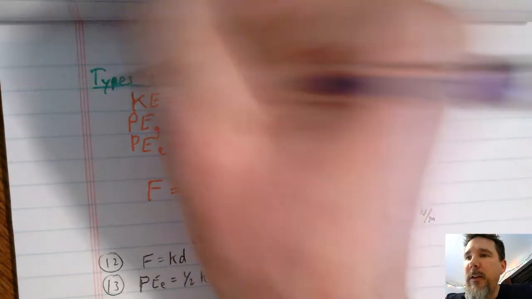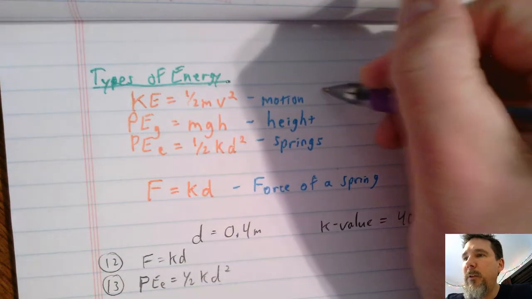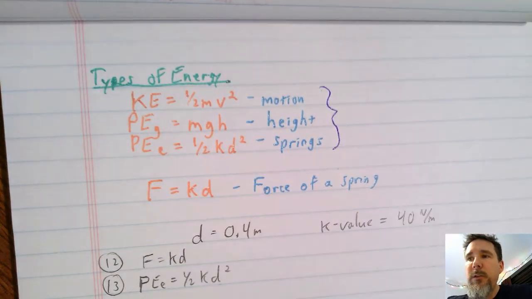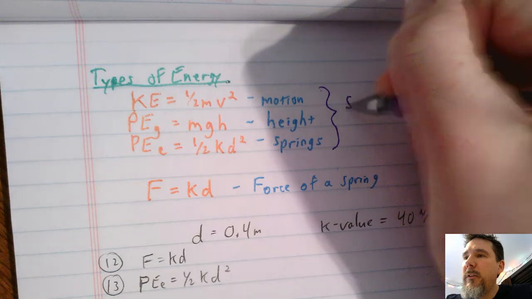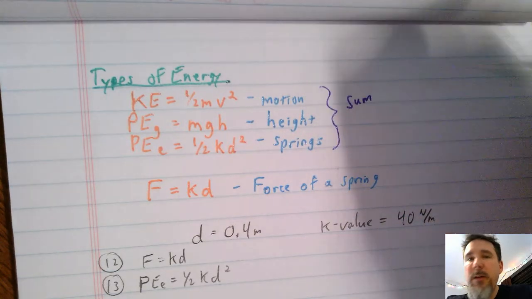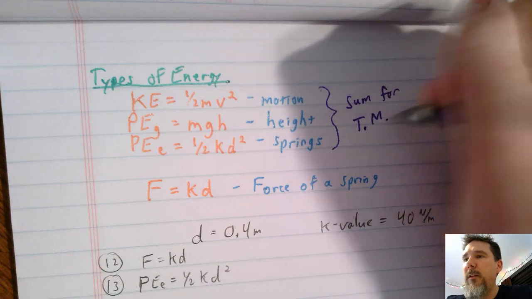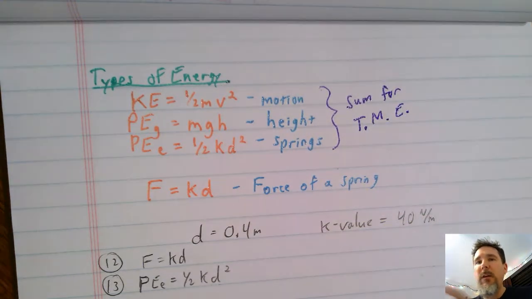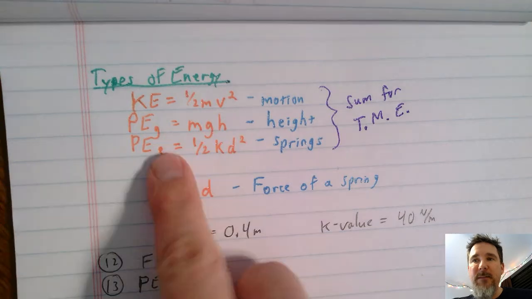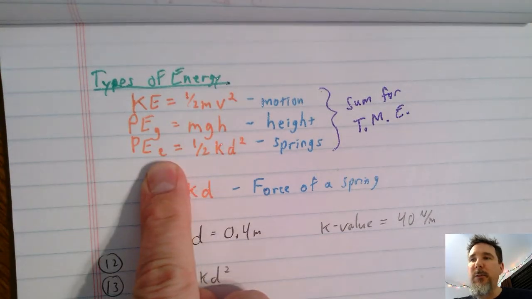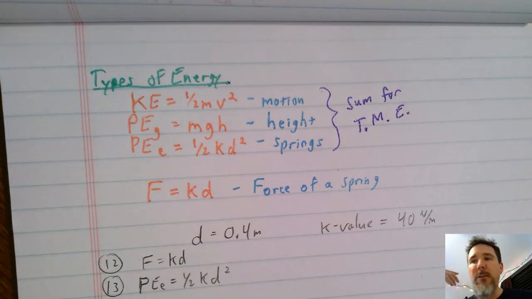If I add these together, those three, sum them for the total mechanical energy. A lot of times in these situations in this class, you're going to have 0 plus some number, like there's not going to be elastic or something. But you sum them all up, that's going to give you the total mechanical energy.